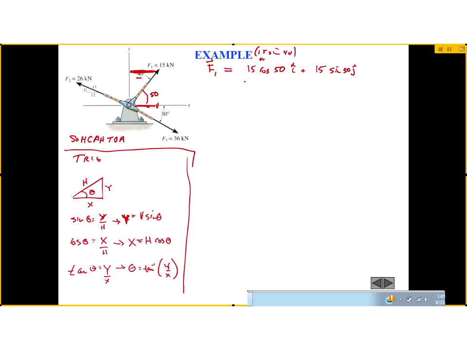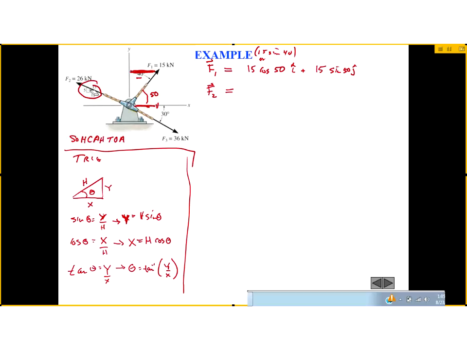What about F2? What's the x component of F2? Well, F2, interestingly enough, has this weird angle here. 5, 12, 13. What is that? Is that a 30, 60, 90 triangle? No, it's a 5, 12, 13 triangle. You could find theta as the arctangent of 5 over 12, if you want to do that, but you don't have to because they're giving you a similar triangle, right?